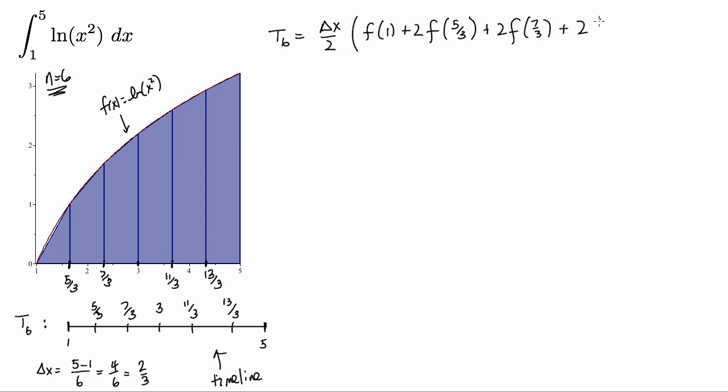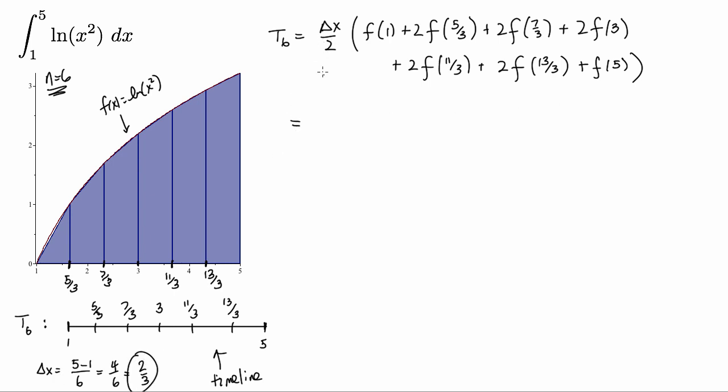So all these interior points are going to be multiplied by 2. And then finally the right endpoint, which is at 5, is only going to be multiplied by 1. Delta x is 2/3, and so 2/3 divided by 2 is 1/3.